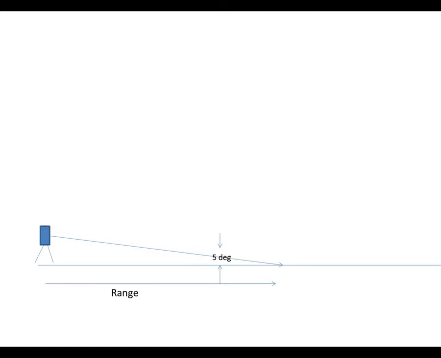This is subjective; maybe 4 degrees works, maybe 3 degrees. We find that at 5 degrees you're getting pretty parallel to the road surface. That's really the effective range when you're doing these projects.